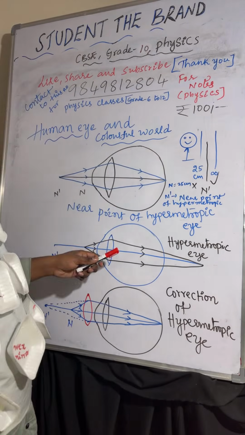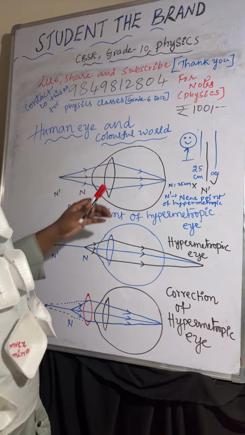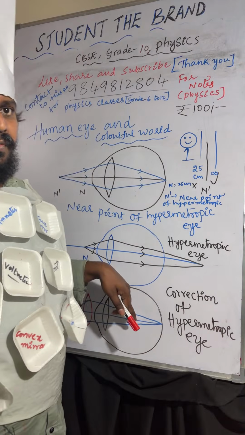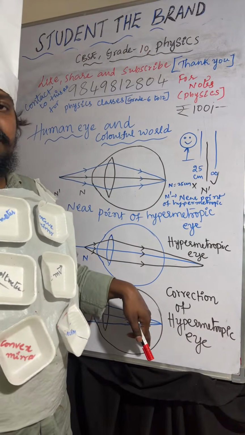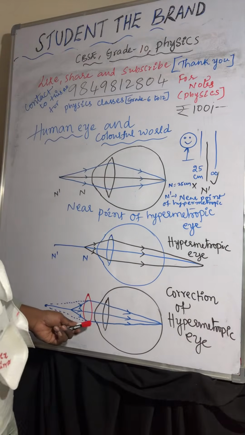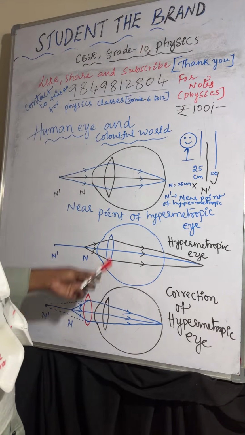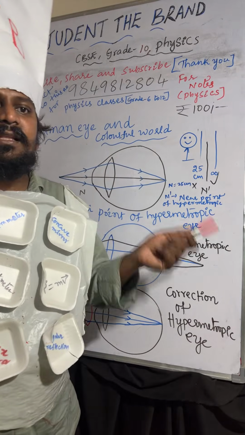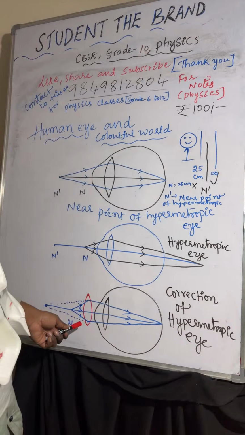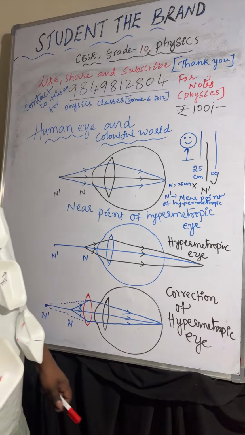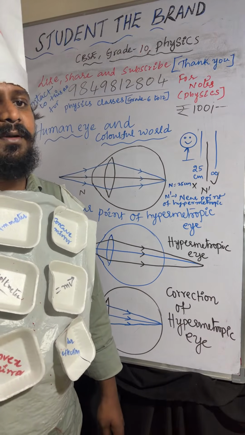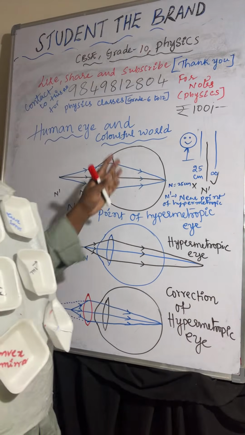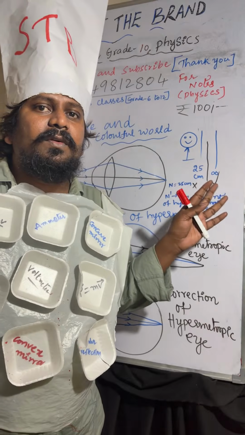Now these light rays should meet at the retina. Which lens will we use to correct this defect? Convex lens. Actually, inside the eyeball the eye lens is also a convex lens, and we are using a convex lens to correct the defect of hypermetropia. I hope it is very clear. So be aware of all these diagrams, very, very important.